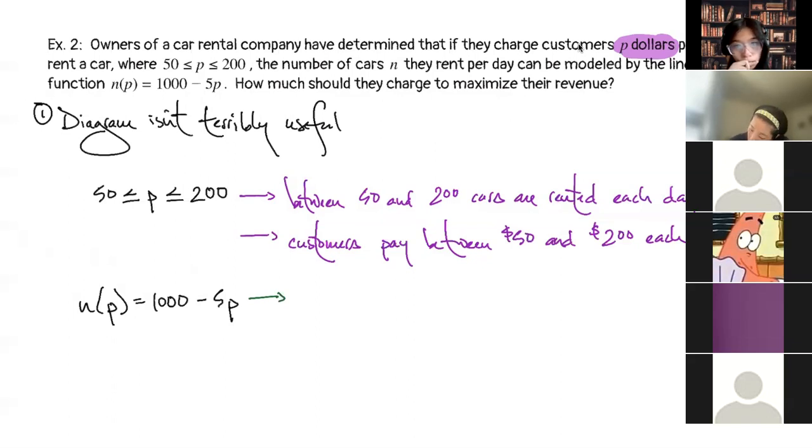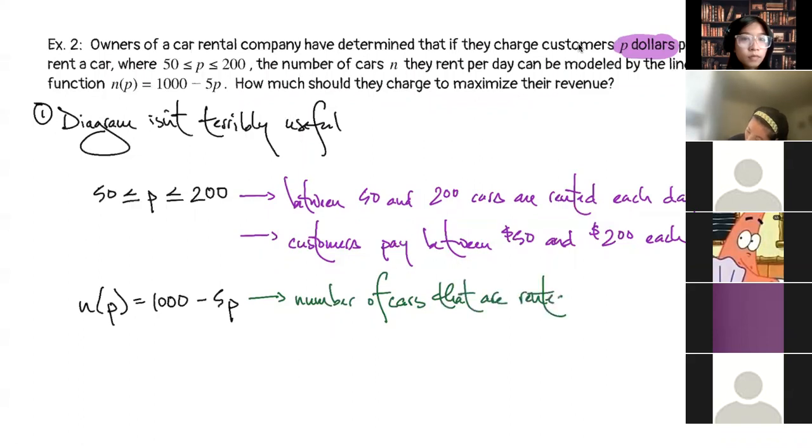Okay, so let's see. Number of cars is like the amount of cars that are rented each day. Okay, number of cars that are rented each day.